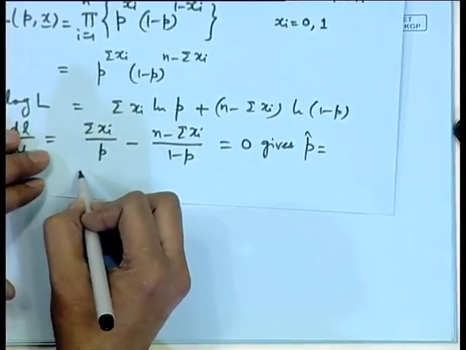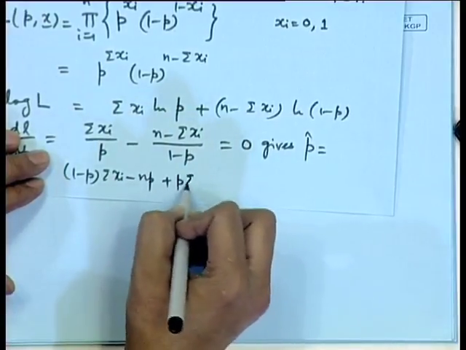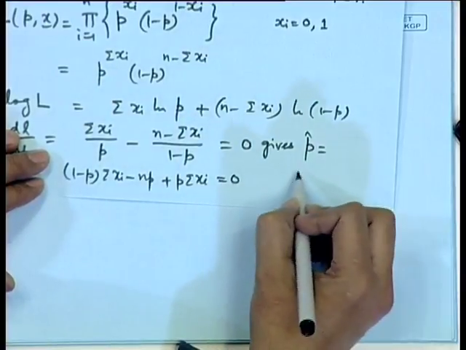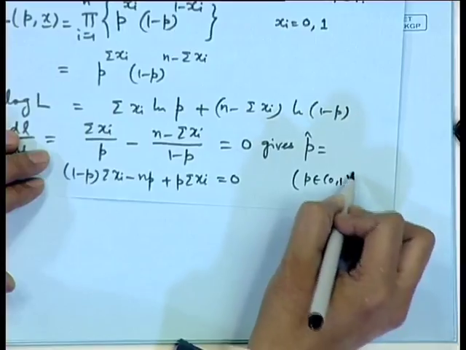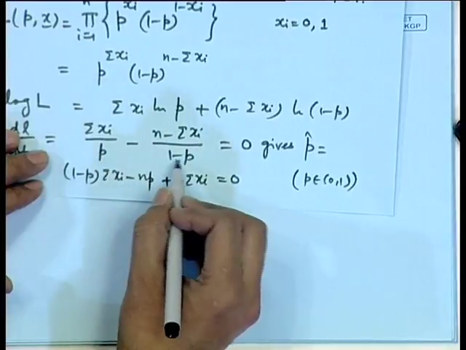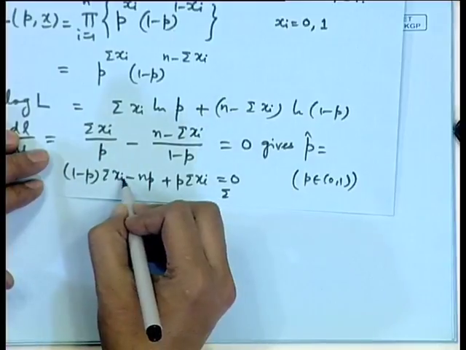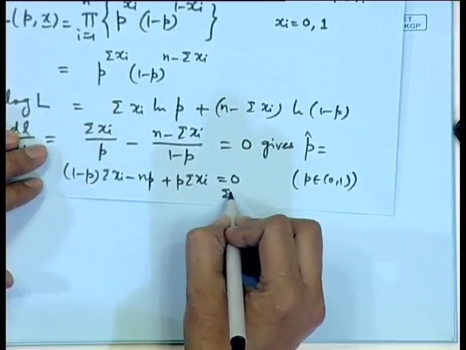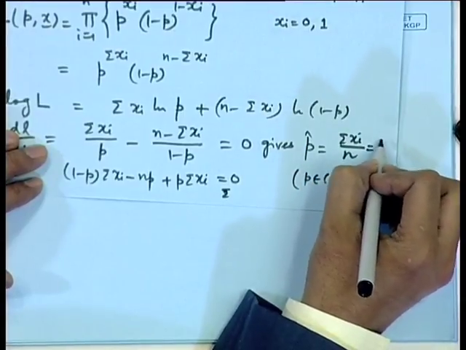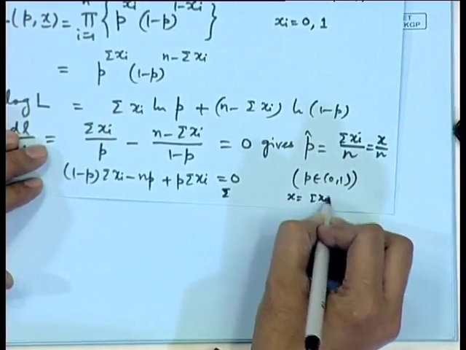Let us combine the terms, it will give me (1 minus p) sigma xi minus np plus p sigma xi, divided by the denominator, where p belongs to the interval 0 to 1. We can take the case p equal to 0 and p equal to 1 separately. So, this becomes sigma xi minus np equal to 0, that means p hat is equal to sigma xi by n, which I can call X by n, where X is the sigma of xi.